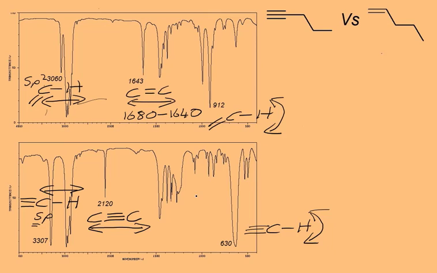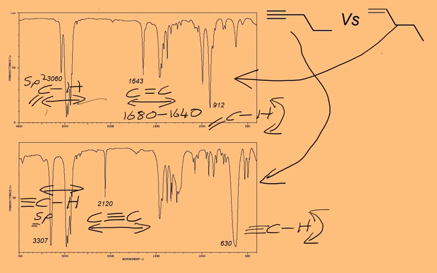But notice that it's normally much lower than the double bond CH bend, and it's also much broader, down about 600 rather than the 900 range, a very broad and distinctive absorption peak. So all our evidence clearly points to the alkyne being our second molecule and the alkene being our first molecule.